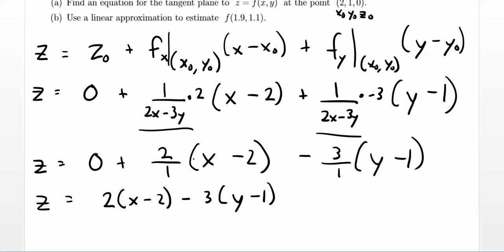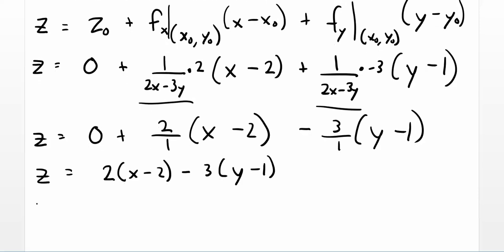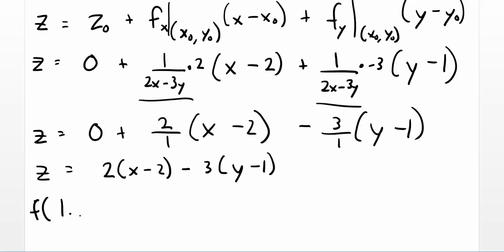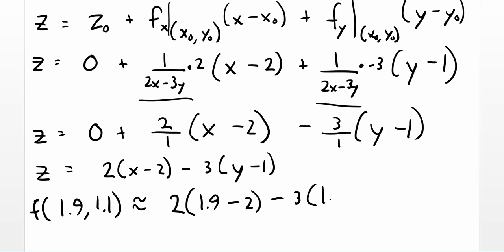Now, the tangent plane is used for linear approximations. So f of 1.9, 1.1 is just going to be approximately 2 times 1.9 minus 2, minus 3 times 1.1 minus 1.